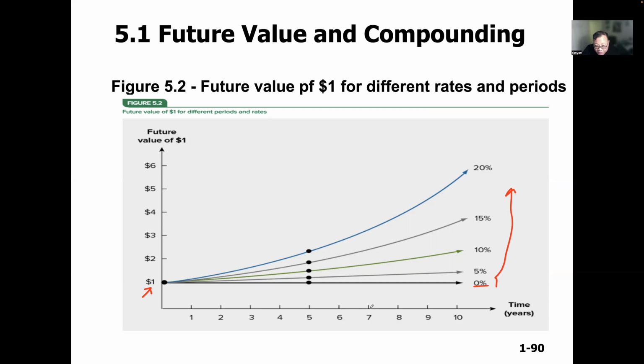So if you think about 5 years, and you earn, for example, 15% interest rate, that will be this second curve line. And that's how much the future value would be. So you almost doubled, right? If you earn 15% every year for 5 years, you almost doubled, okay?